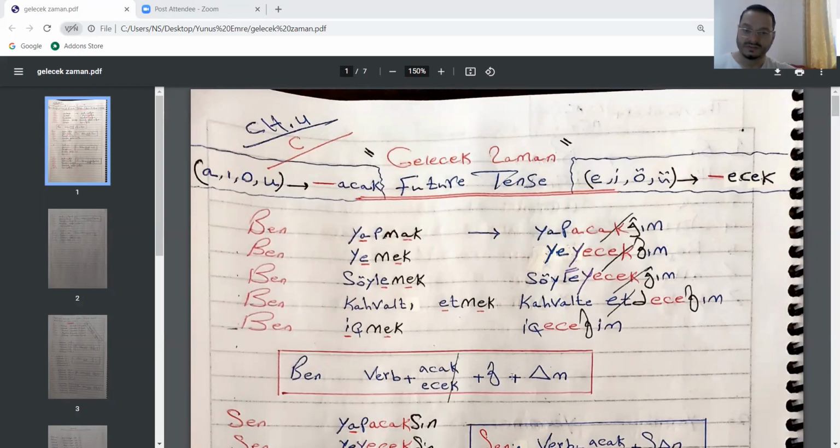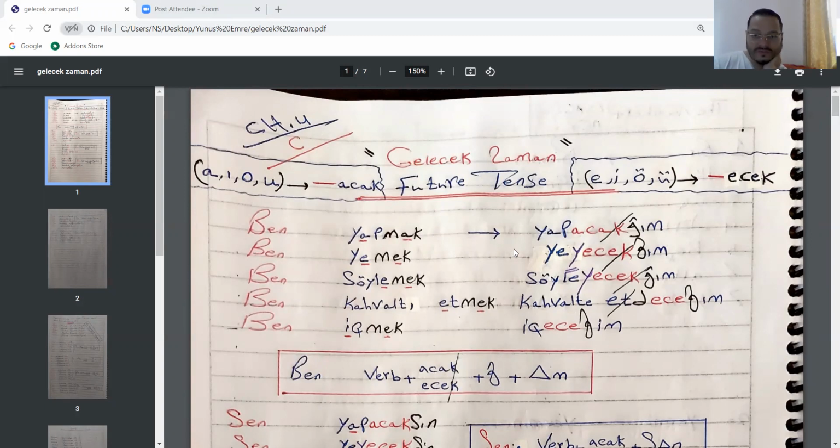But here, when we have k and after that we write another vowel letter, this k converts to yumuşak ge and will approximately be silent.